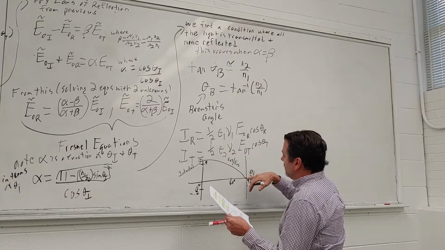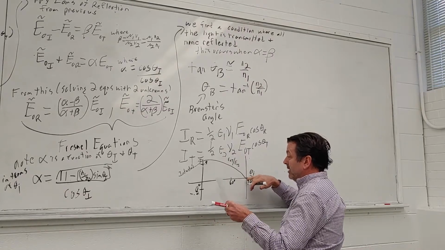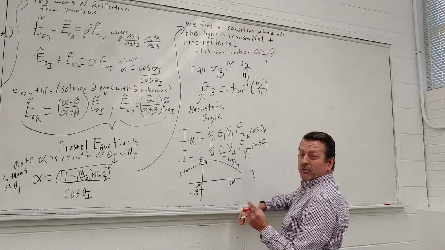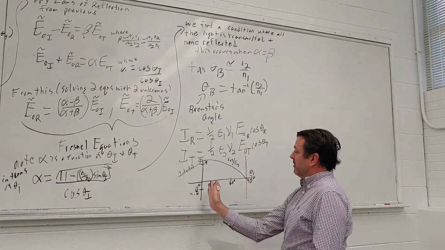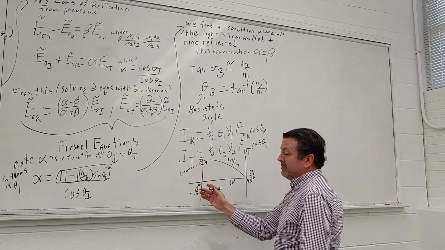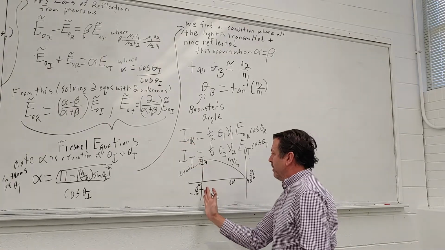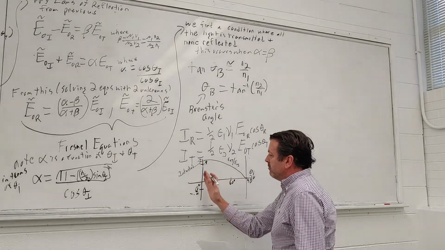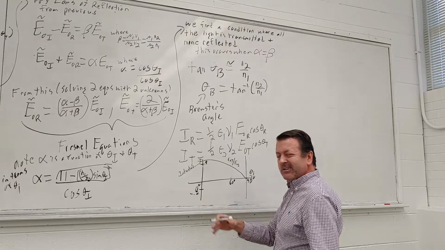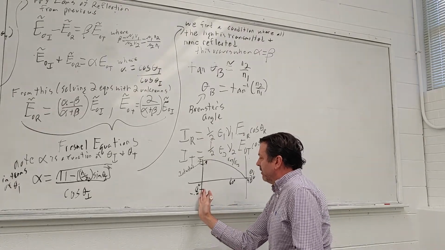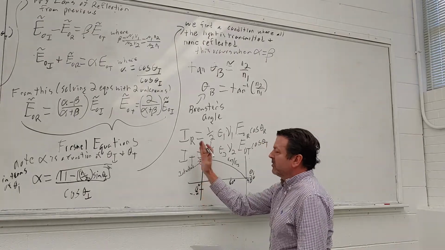At 90 degrees, as you get at an angle like this, what we call grazing incidence, if it comes in just like this, most of it's going to be reflected. Very little. It makes sense for just a ball striking something. If a ball comes in like this at an angle, very little force is in this direction of the ball. Most of it's going to want to keep going that direction. Same kind of with light. Look at it from an energy perspective. If light comes in like this, most of the light's going to be reflected.